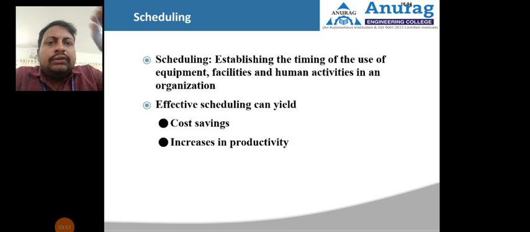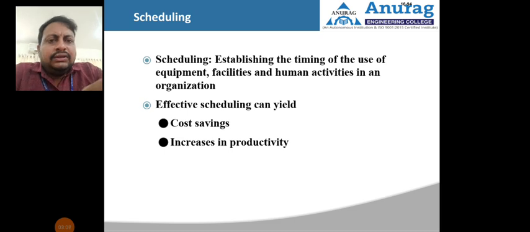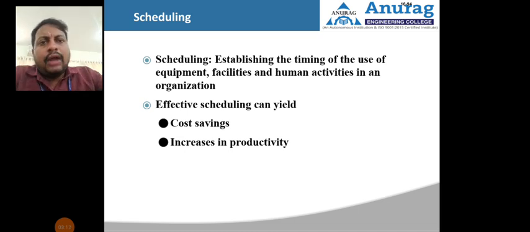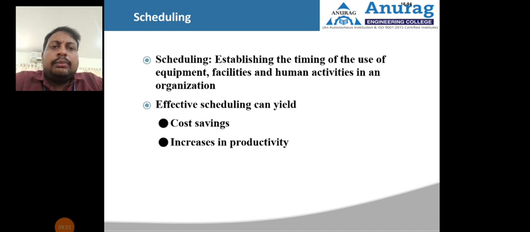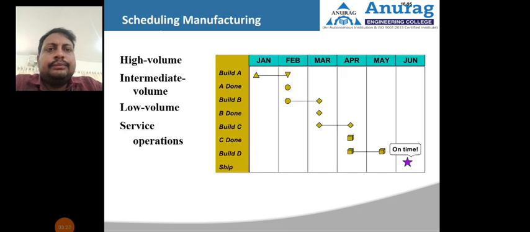Effective scheduling saves cost, minimizes investment, and increases productivity. If you plan accurately, the rate of production will be more; if you plan effectively, the rate of production keeps increasing.